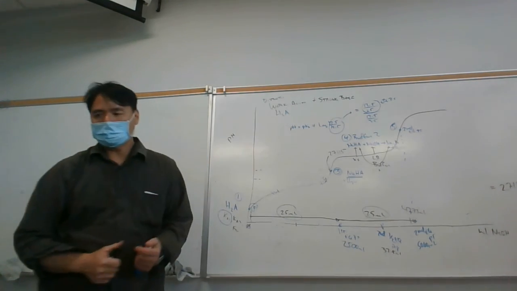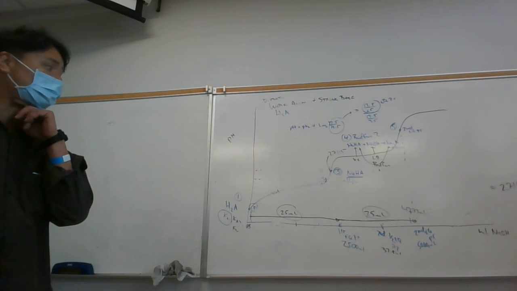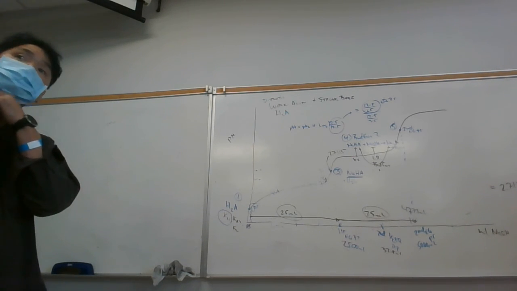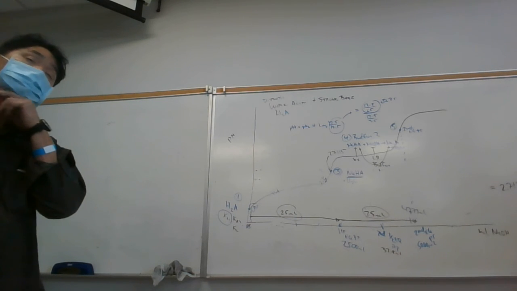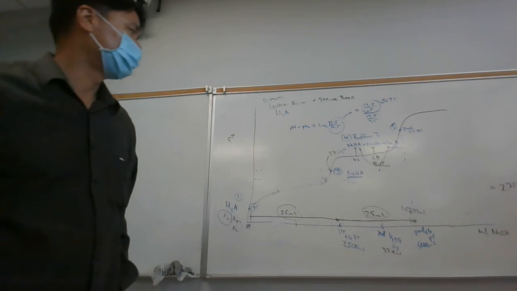So let's do a couple of calculations. Just pick any volume between 25 and 50. What volume do you want to know the pH of? 32?